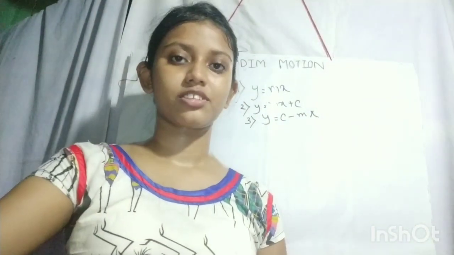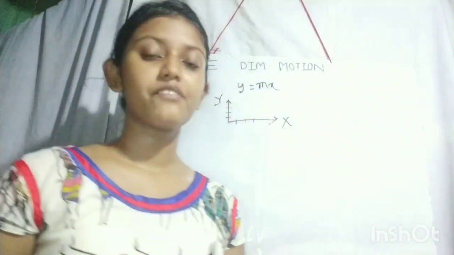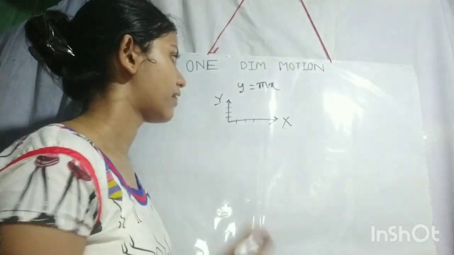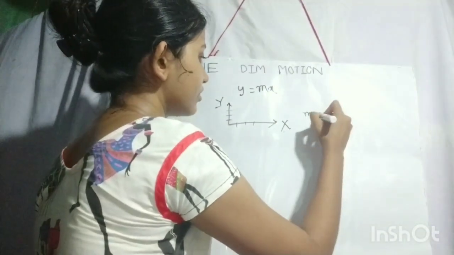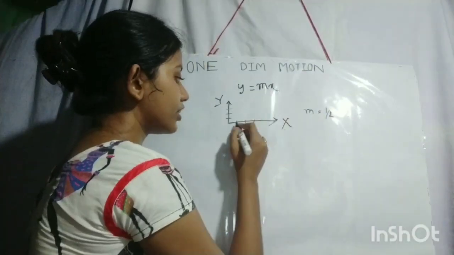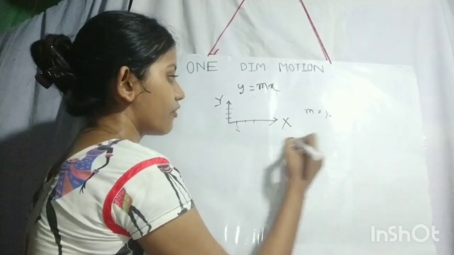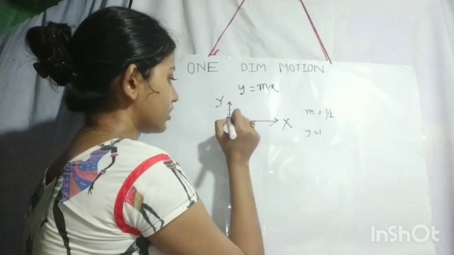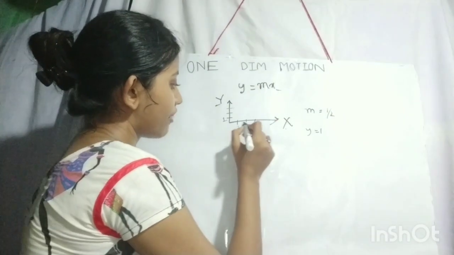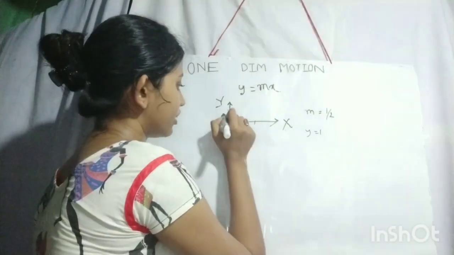Let's draw the graphs. Now for the first straight line, y equals mx, m is obviously a constant and it is termed as the tangent of the graph. So what about m? Let m equals half. Okay, so if x equals 2, then y equals 1. Then if x equals 4, then y equals 2.